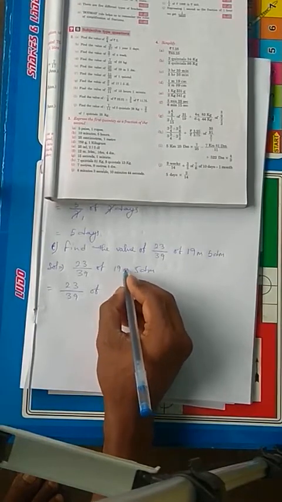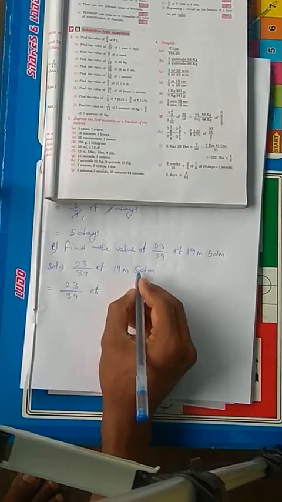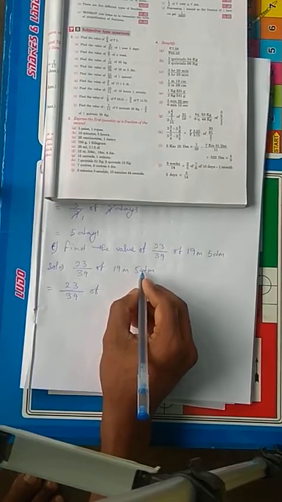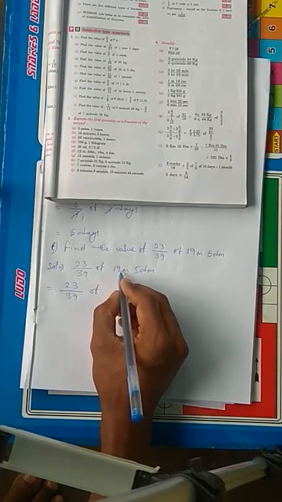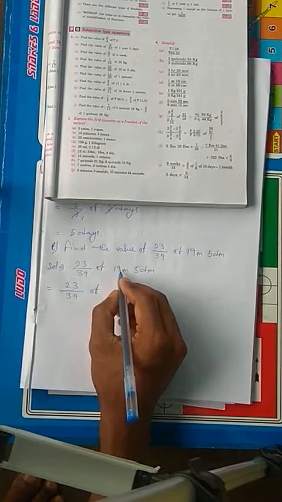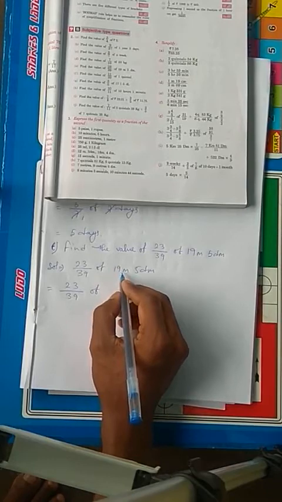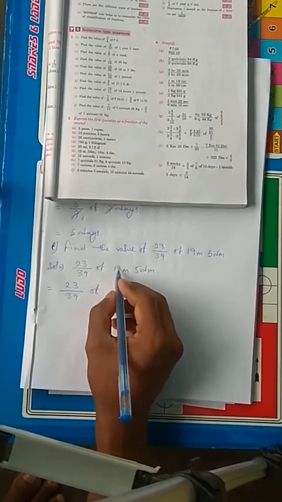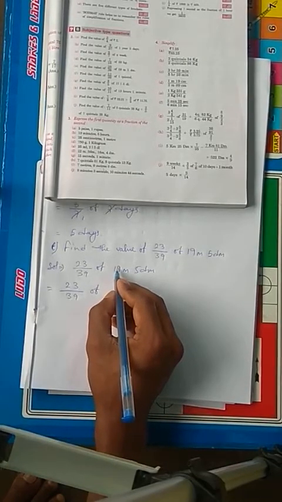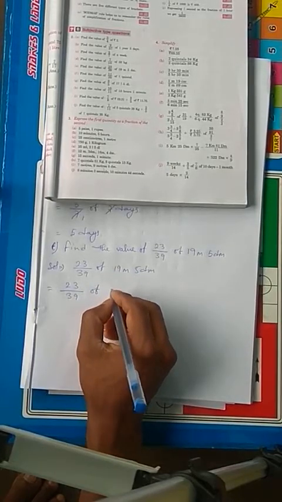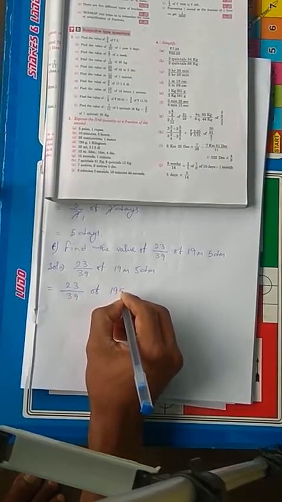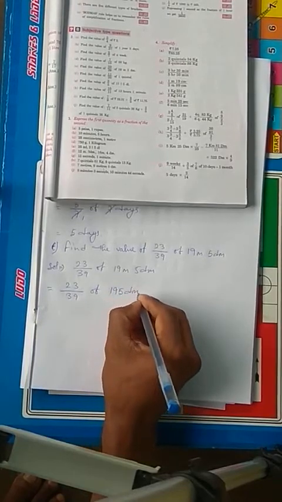We have to change that meter into decimeter. So in 1 meter, how many decimeters are there? In 1 meter there are 10 decimeters. So 19 tens are 190 and plus 5 is 195 decimeter.